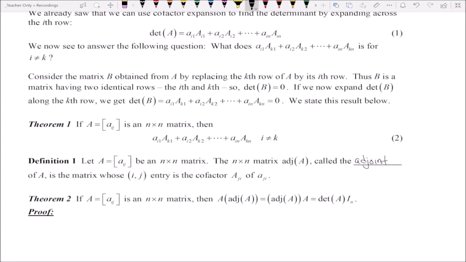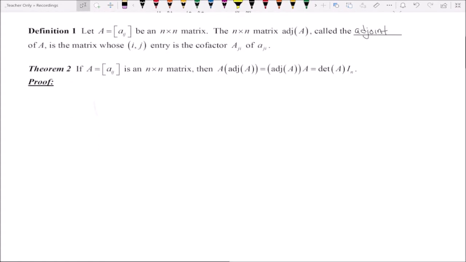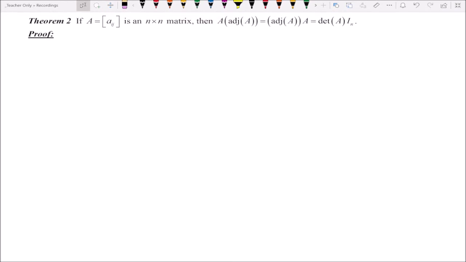Then Theorem 2: if A is equal to A_ij, which is an n by n matrix, then A times the adjoint of A is equal to the adjoint of A times A, which is equal to the determinant of A times the identity matrix.